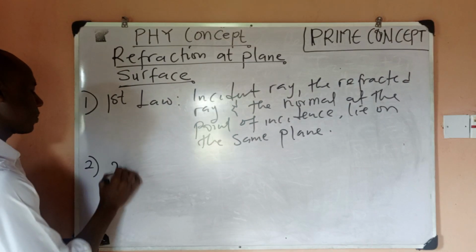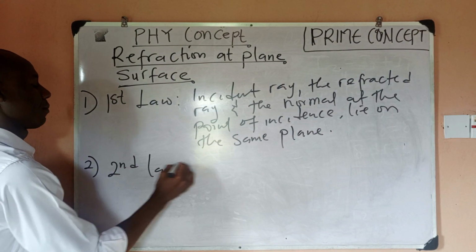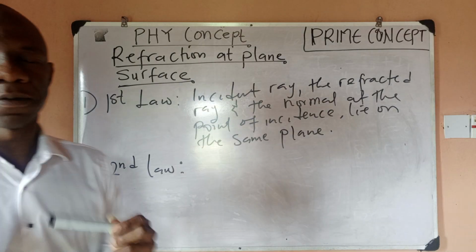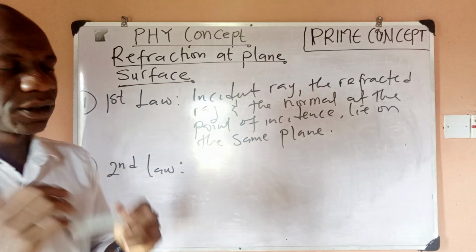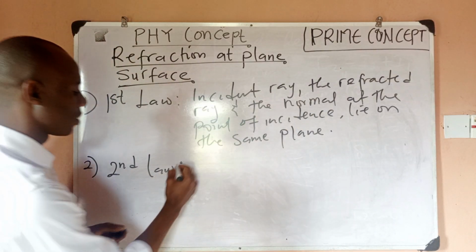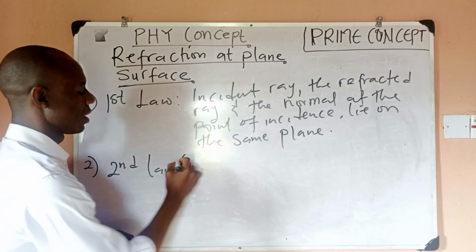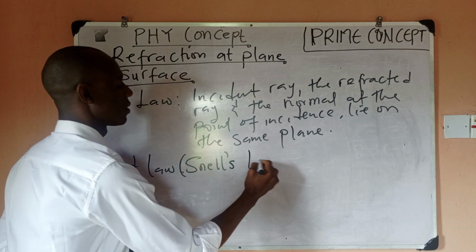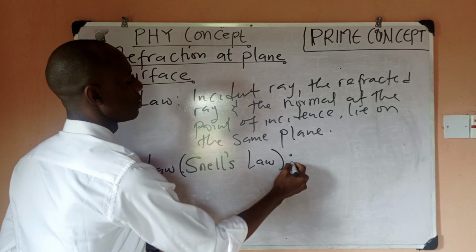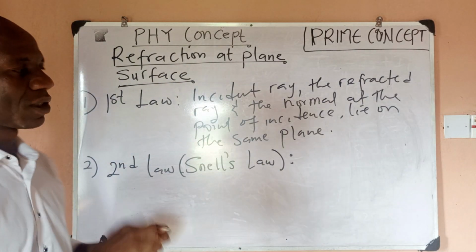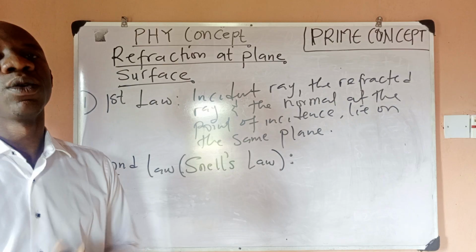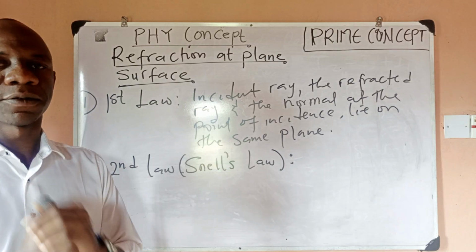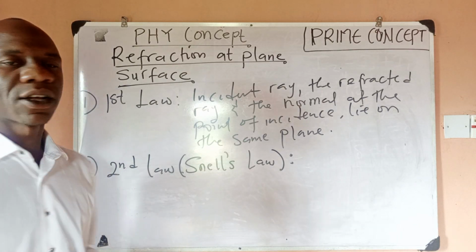Now our second law of refraction is very simple. Our second law of refraction is also what we know as Snell's law, which virtually all students are familiar with. So the second law is what we know as Snell's law of refraction. Now, what does this second law say?